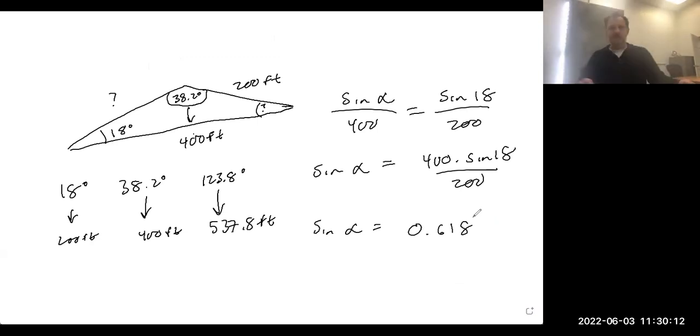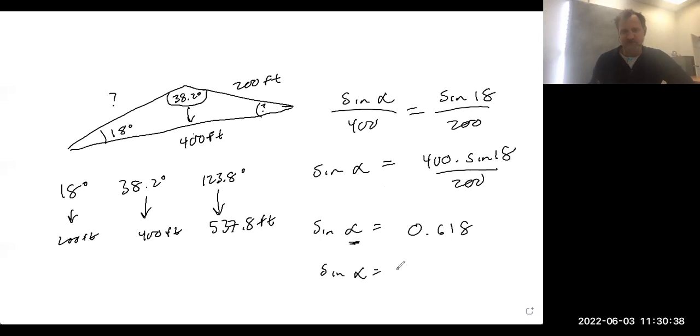Yes, that's right. So sine alpha equals 0.618. Now, what we're going to discover later as we develop the unit circle concept is that this actually has an infinite number of solutions. Let me give you an example, and I'll just show you some possibilities.